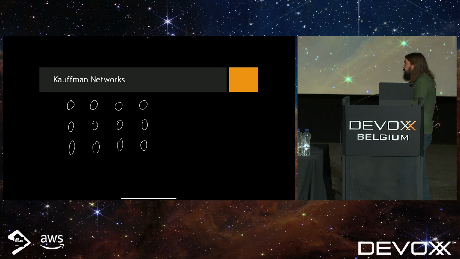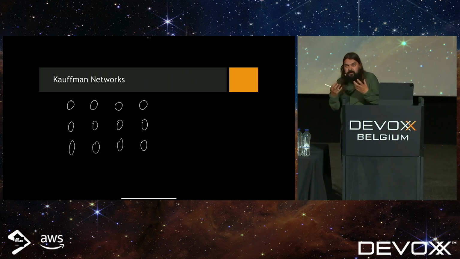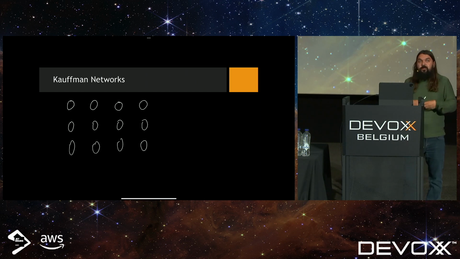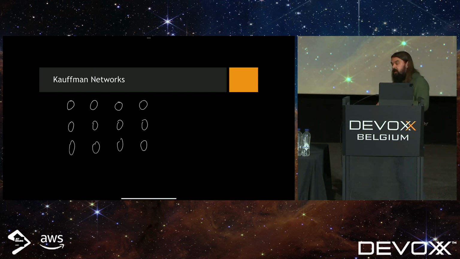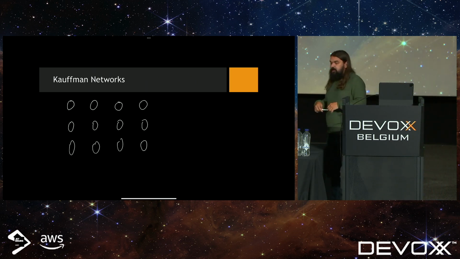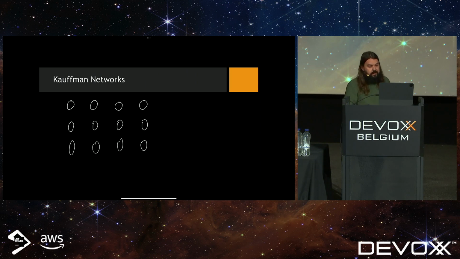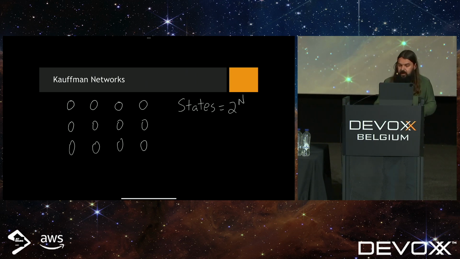Every node in this Kaufmann network has a little algorithm that lives inside it. When that algorithm executes, it decides randomly, am I a 0 or am I a 1? Is this light bulb on or is this light bulb off? Kaufmann built this as a computer simulation, and a system like this has a number of states, and that number is always 2 to the n.